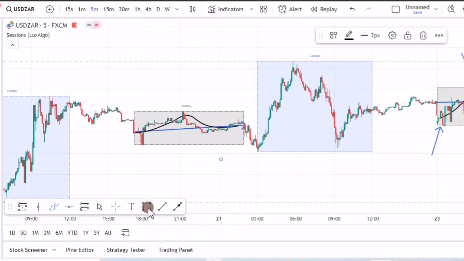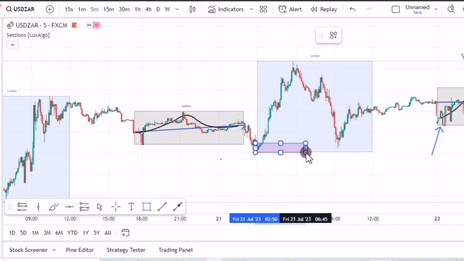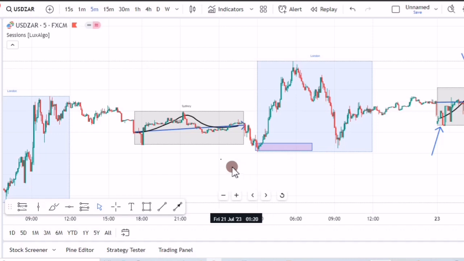Okay, so when price started, you mark the first candle on London, you highlight it, you wait for price to give you that pullback. Okay, this is a tricky one.